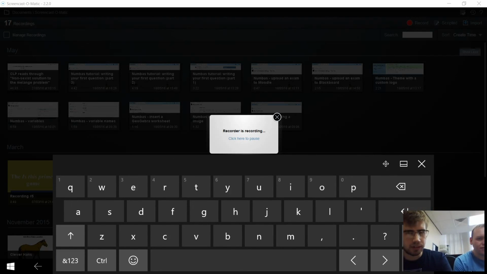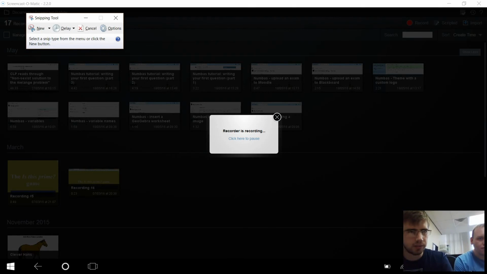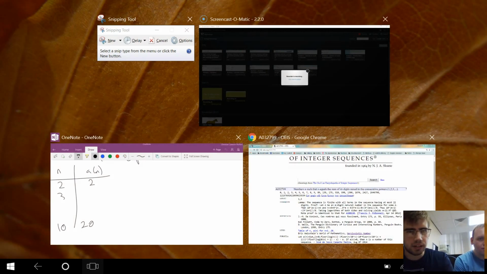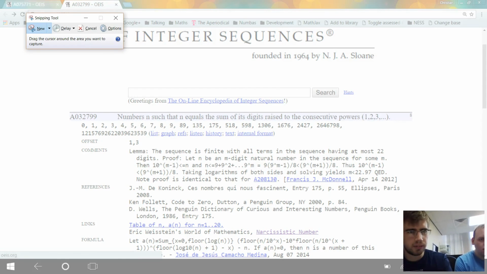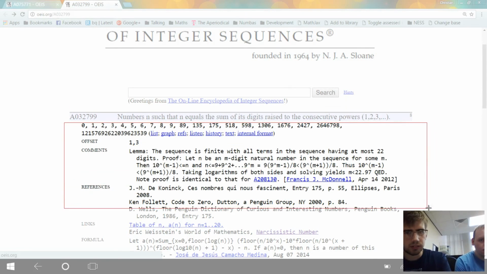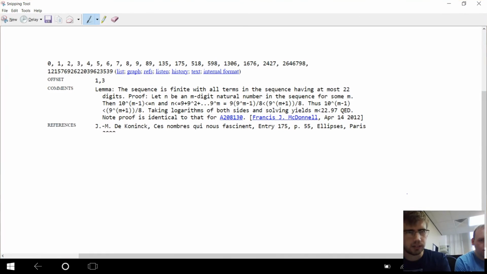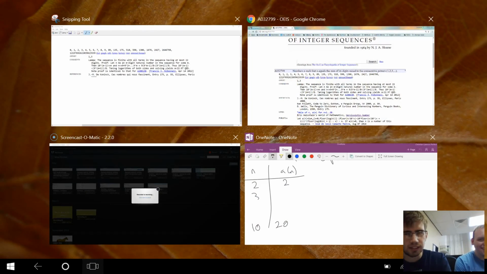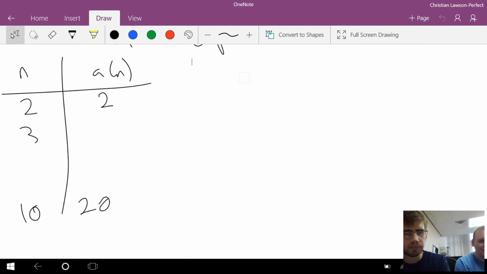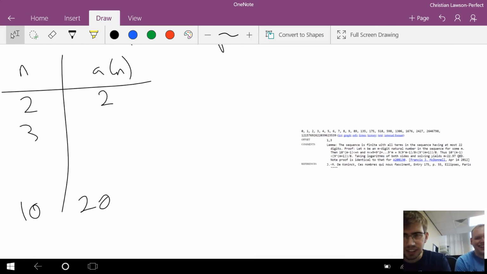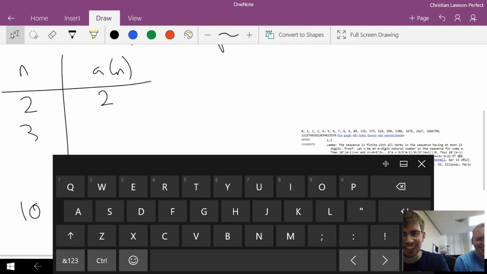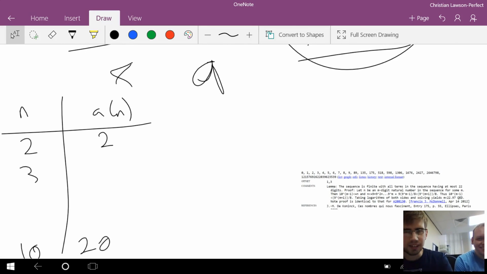That's what I want. New. Drag the cursor. Would have been quicker just to write it in. Paste. There we are. Can't move it. Damn it! Give up. Okay.